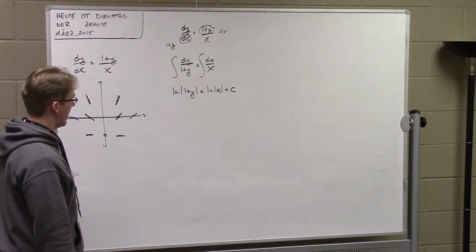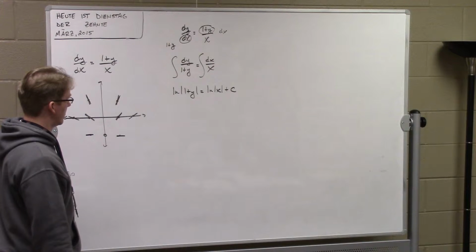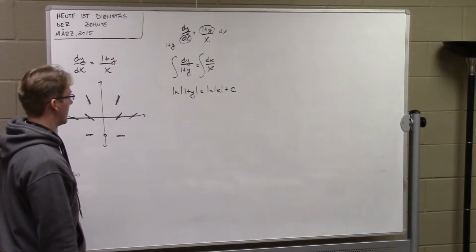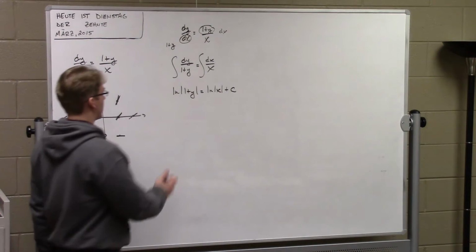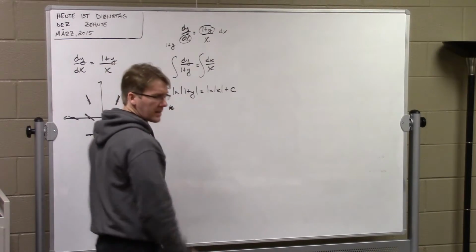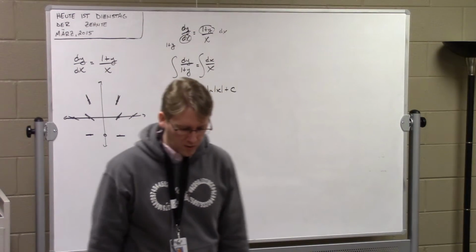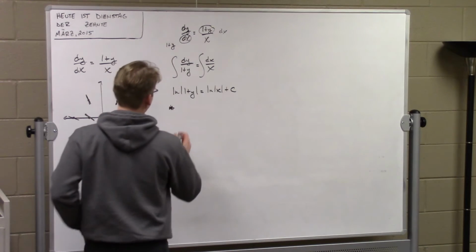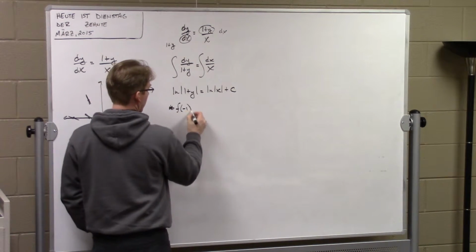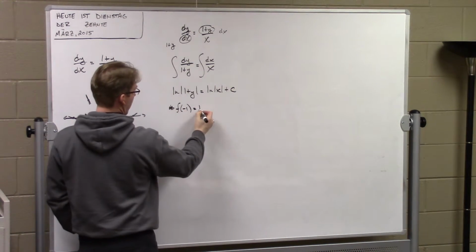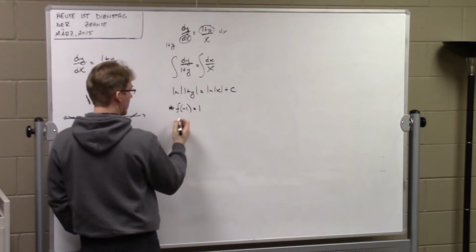All right, you have options. Let's find c. I think they gave you another condition here, that you're going through the point (-1, 1). So I'll use -1 for x and 1 for y and see what happens to c.